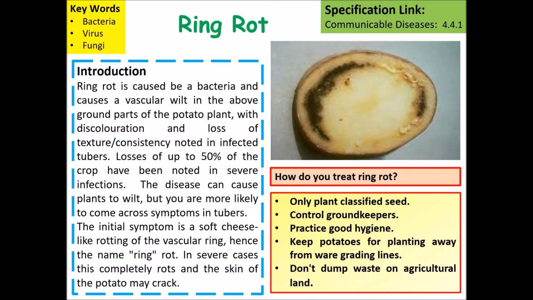Practicing good hygiene, so you are not carrying or cross-infecting one plant to another, is really important. Keeping potatoes that you're planting away from where plants that had ring rot had already grown is important, and not dumping agricultural waste caused by ring rot is also important.